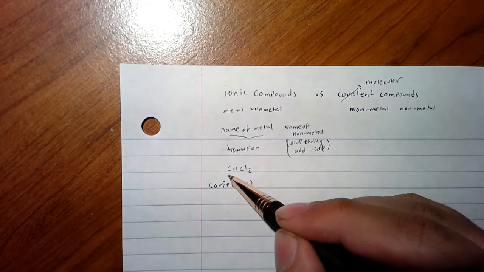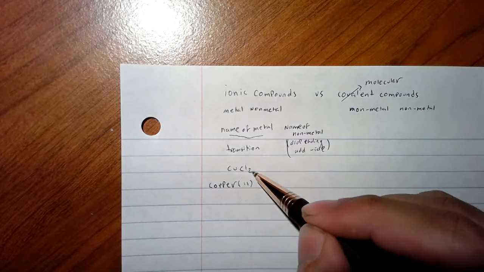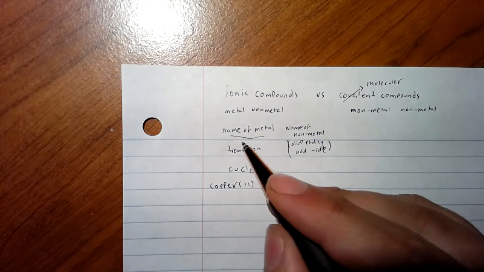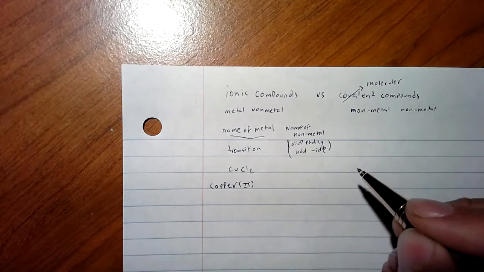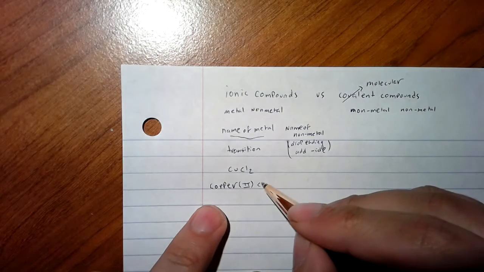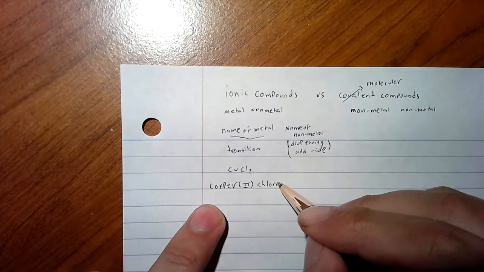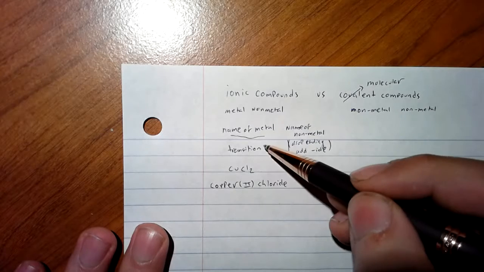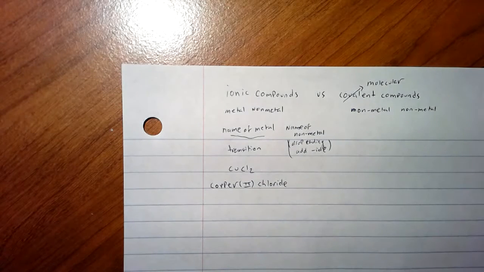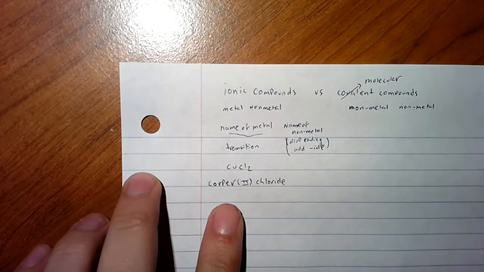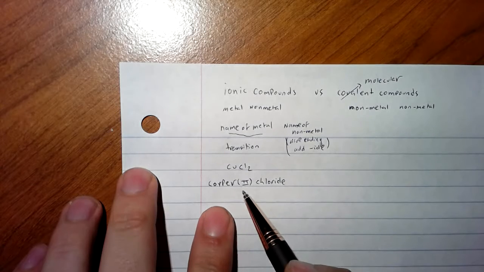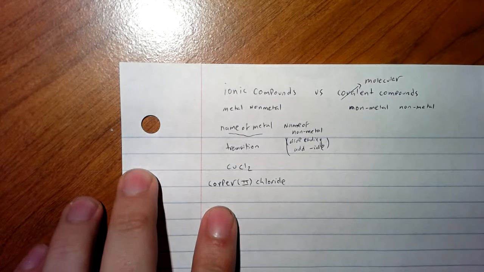So this needs to be a +2 charge in order for the overall charge to be 0. That's why we put that Roman numeral 2. So it would be copper(II) chloride. Again, we're following the rules for ionic when we're dealing with these ionic compounds. Of course, the rules are a little bit different when you have transition metals, because you have to pay attention to the charges and make sure you write the correct Roman numeral.